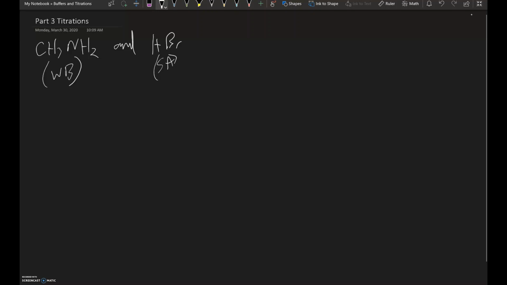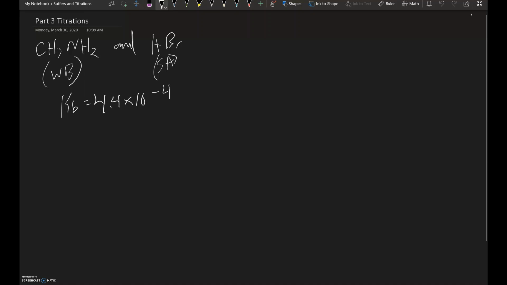This is very similar to what we did with a strong base and a weak acid titration. The only difference is that it's opposite, because we're dealing with a weak base. So we need a Kb, just like we needed a Ka for a weak acid. For methylamine, Kb is 4.4 times 10 to the negative 4.